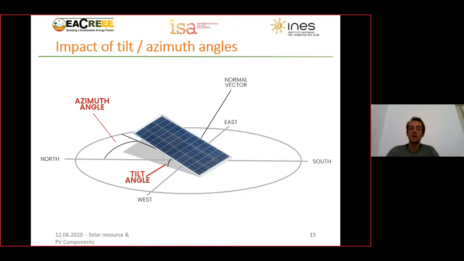If you are at a high latitude, you need to have a very large tilt angle because the path of the sun is very low in the sky. And the other way around, if you are close to the equator, the sun is very high above your head, so you need to have a very low tilt angle to face the sun, very close to the horizontal axis.